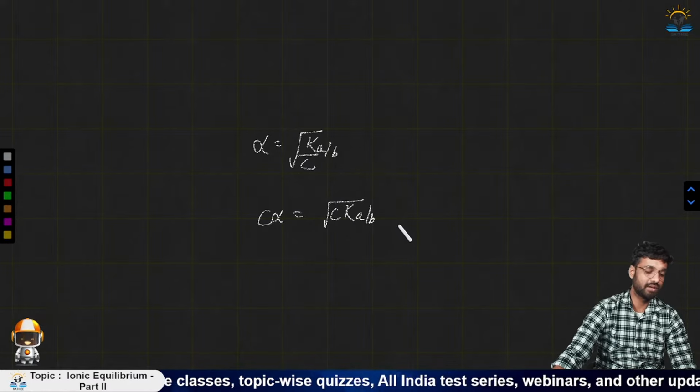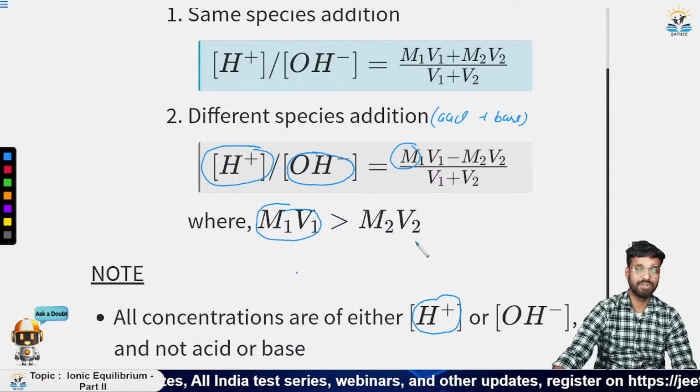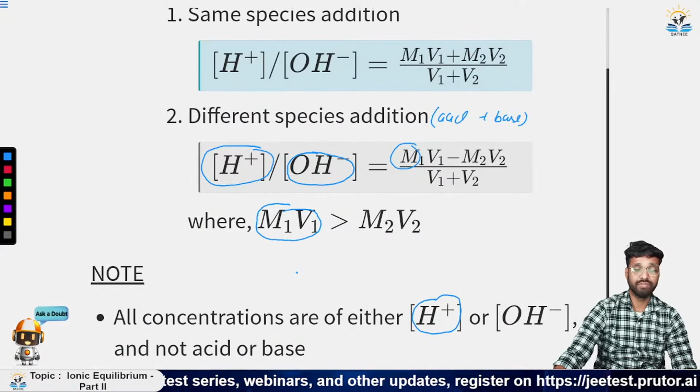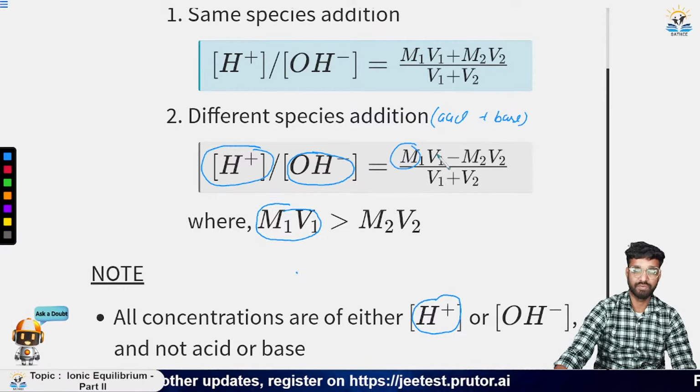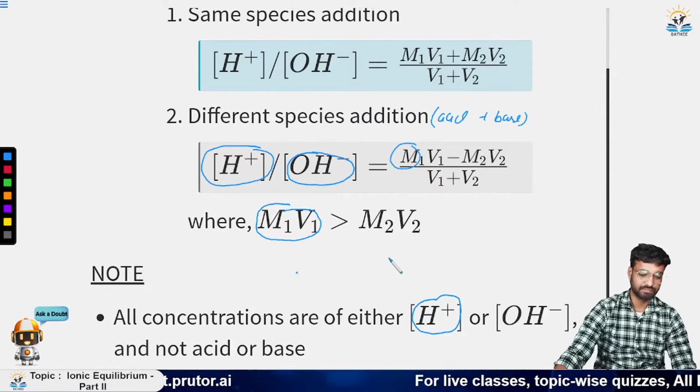So you will find the concentration of H plus or OH minus first, then use this formula. V1 and V2 are their respective volumes. Suppose M1 is the concentration having V1 volume and M2 is the concentration of V2 volume. So this is the formula.